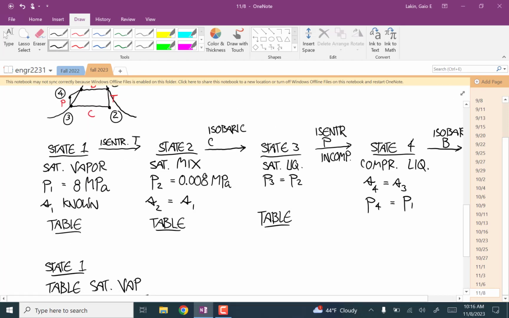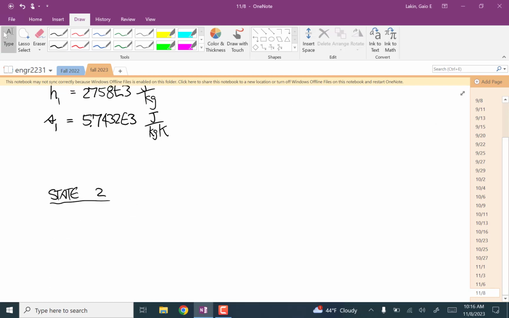Well, for state 2, the key to being able to look anything up is knowing the quality. Are you with me on that? S2 is equal to S1, so that's 5.7432 times 10 to the third.